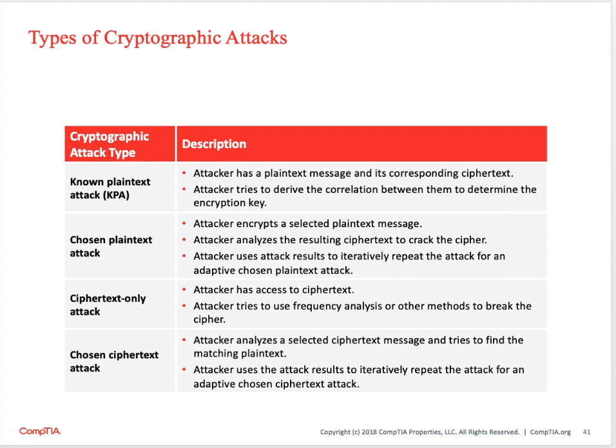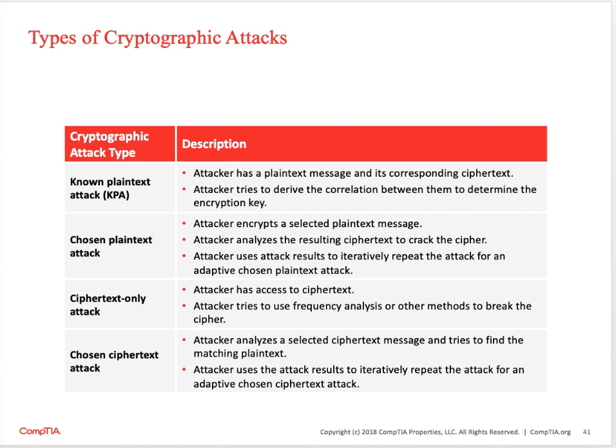And then we have a ciphertext-only attack. In the ciphertext-only attack, the attacker is going to access the ciphertext and use frequency analysis to break the cipher. There are certain words or letters in the English language that occur more often than others. Maybe E is the highest one, I believe.